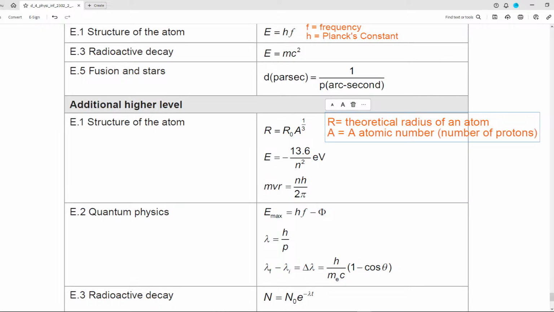And of course, it's the minimum radius. That is what we call the Fermi radius, R0, which is constant, but is the theoretical radius of a proton.